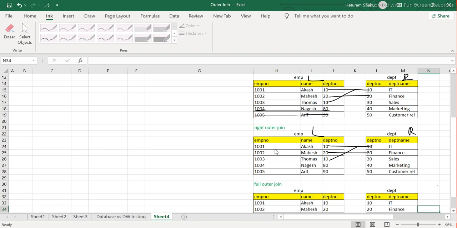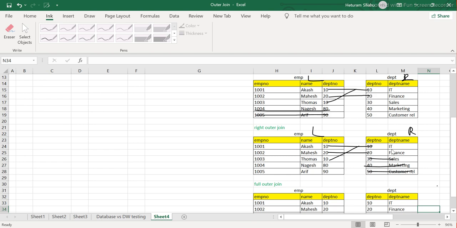So what will the output be? The output will be 1001 Akash 10, again 10 and IT; 1002 Mahesh 20, 20 finance; 1003 Thomas 10 and IT. This is the matched one. For the unmatched ones in a right outer join, since these are the additional rows, these three will be displayed.